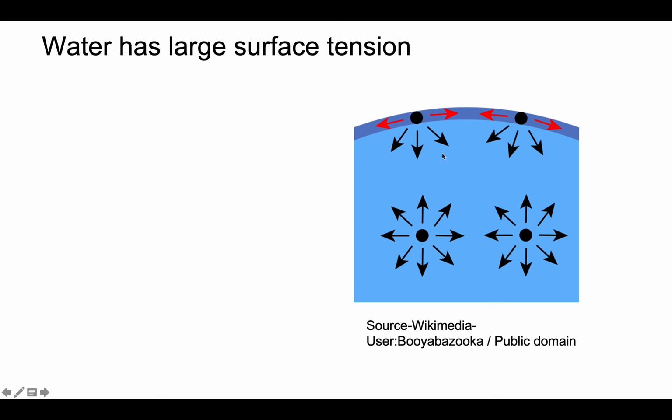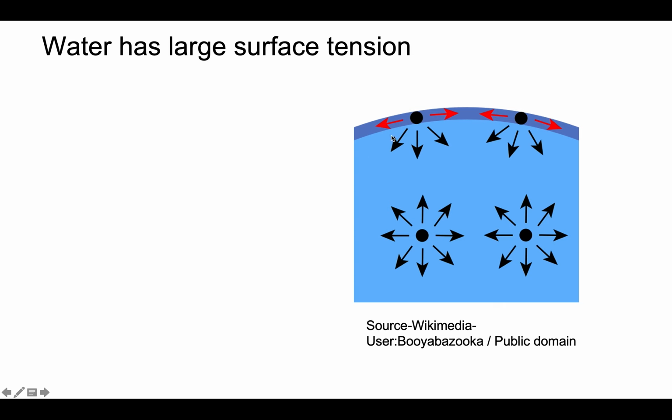So this is a simulation of water molecules in a body of water, and at any one point, water molecules that are floating in the water are being subject to bonding with other water molecules that are there from all over the place. So they are subject to hydrogen bonding, and they're being pulled from all sorts of directions.